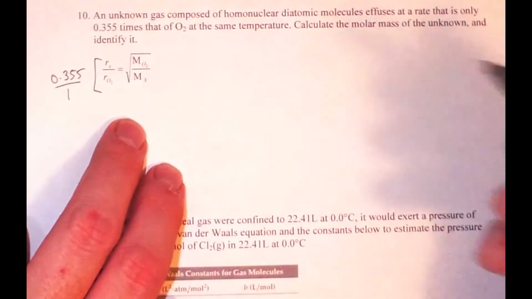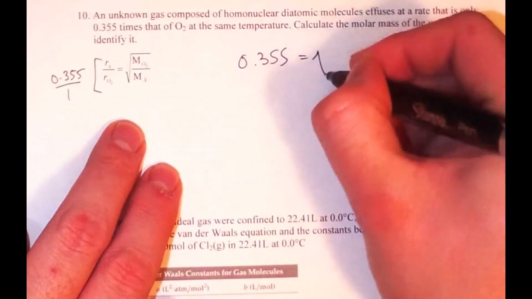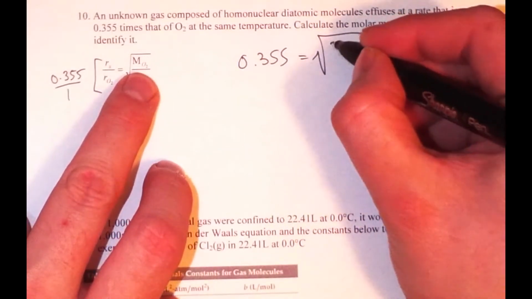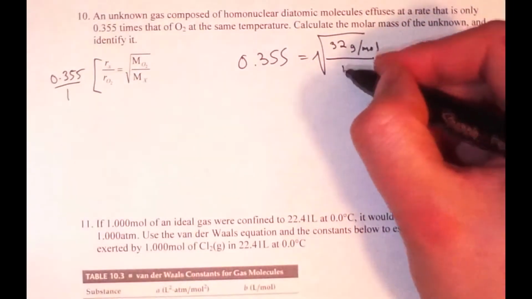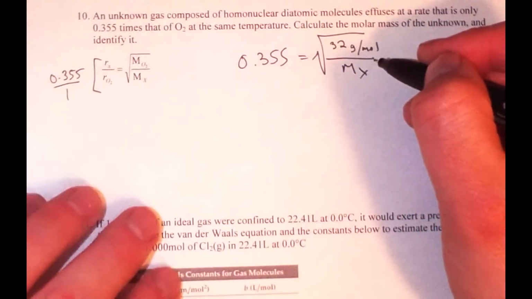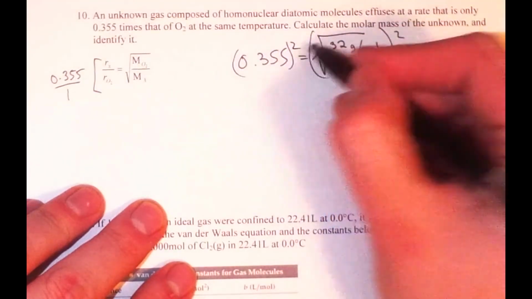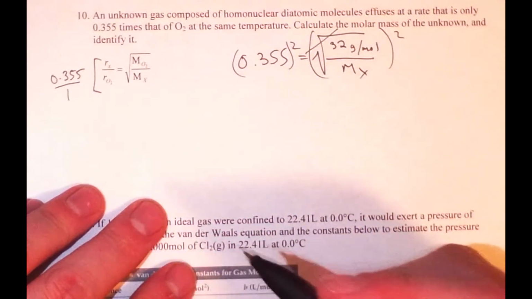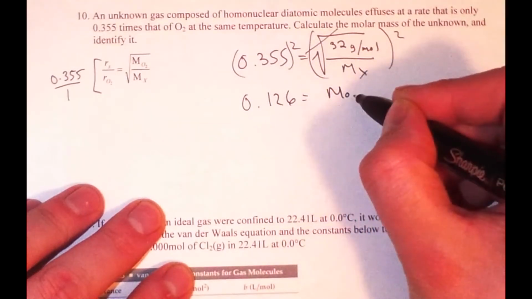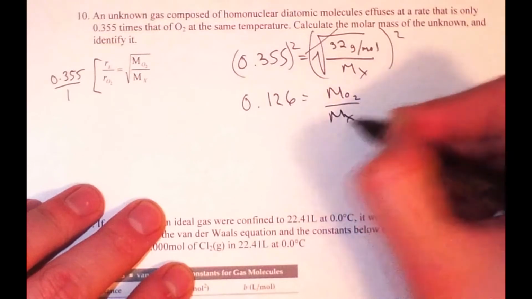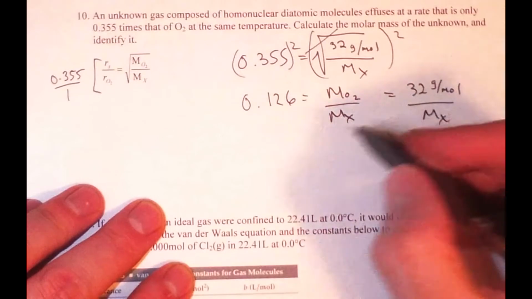We know what oxygen is. So I'm going to write 0.355 equals the root of the mass of oxygen, 32 grams per mole, over the mass of the unknown. Well, I'm in a little bit of a mess here, so I'm going to square both sides to get rid of the root. It's going to give me 0.126 equals the mass of oxygen over the mass of X, which is equal to 32 grams per mole over Mx.